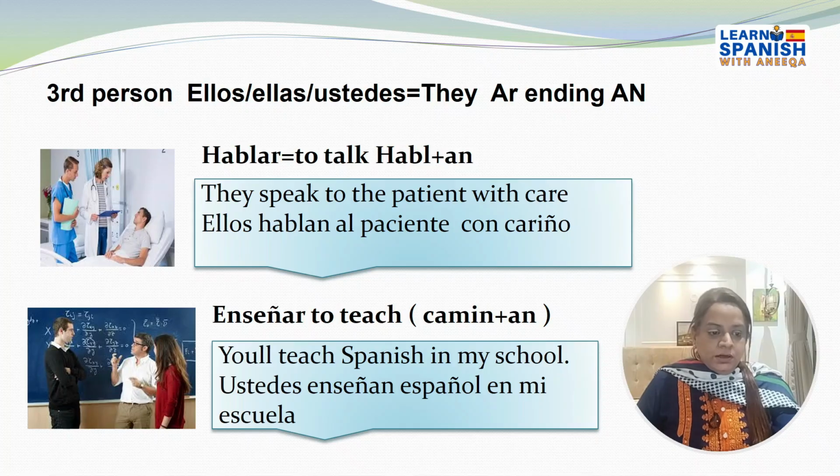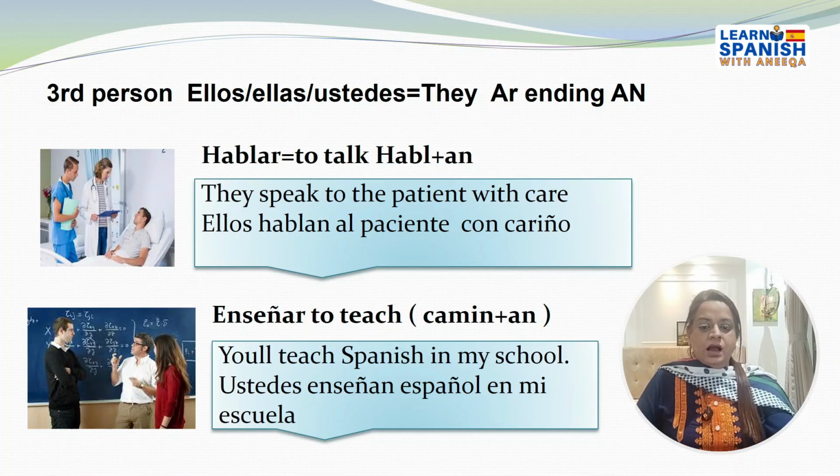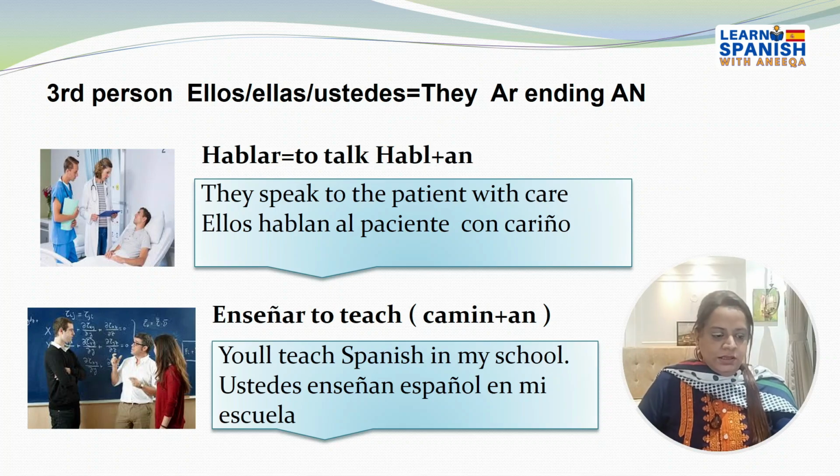Now the third person plural is ellos, ellas and ustedes, that is they. The ending for this pronoun is an. Okay. So now see, in this picture, the two doctors, they are talking to the patient.